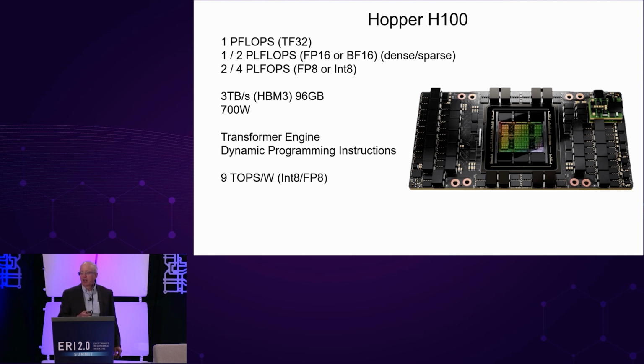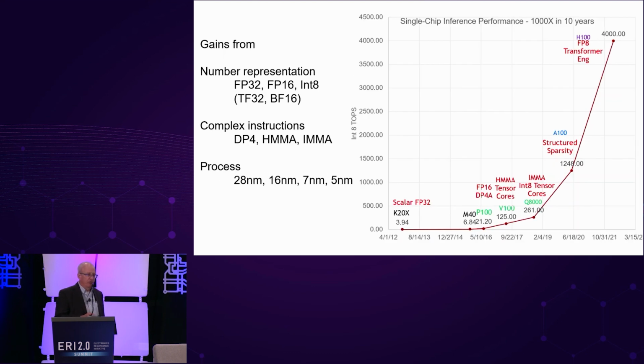We introduced a number of dynamic programming instructions that make this many orders of magnitude faster than conventional computers at doing calculations on gene sequences. And the key figure of merit is 9 teraops per watt. That's a number I'll come back to when I talk about some things we're going to be doing in the future. And that's a leading number for production deep learning systems today.